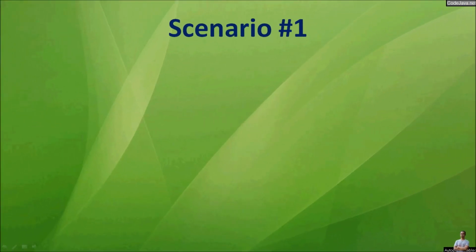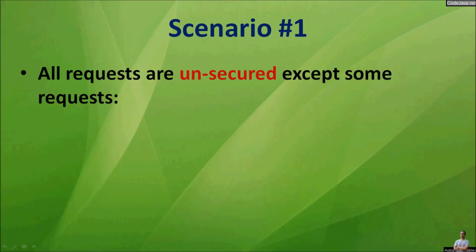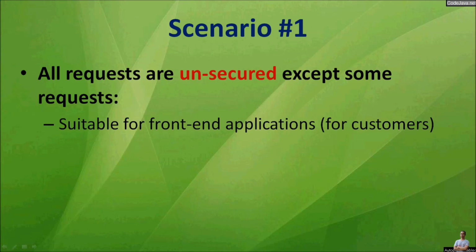Now let's come to the first scenario in which all requests are unsecured except some requests. It is suitable for a front-end application to be used by customers, and in this scenario, no configuration is required, as Spring Boot allows static resources in the static directory accessible for all requests.